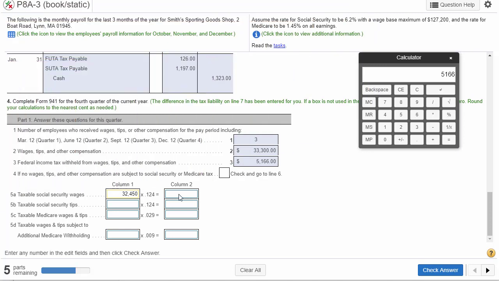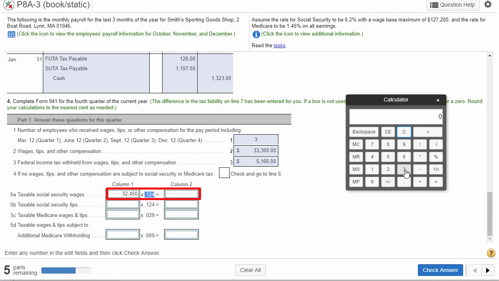Okay, column 2. What we're going to do in column 2 is we're going to take the $32,450 taxable for OASDI, and we're going to multiply it by 12.4%, also the decimal equivalent of 0.124. Now, why is it 12.4%? Well, we're calculating the employee portion, 6.2%, plus the employer portion, 6.2%, all at the same time.